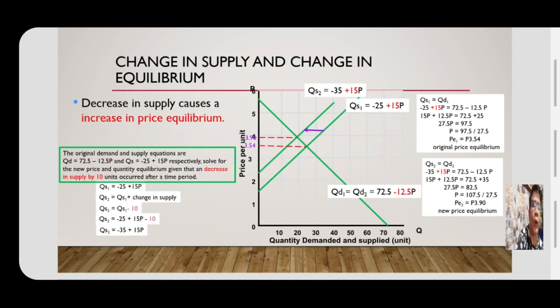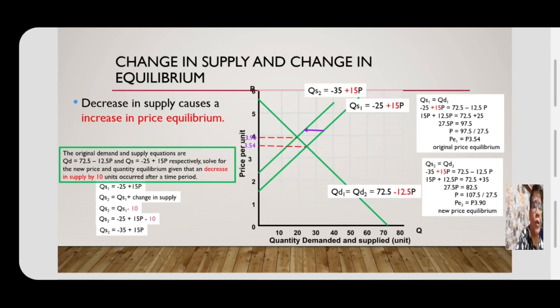So negative 25 plus 15P is equal to 72.5 minus 12.5P. In solving the P, we now have the value of 3.54. So 3.54 is the original price equilibrium.